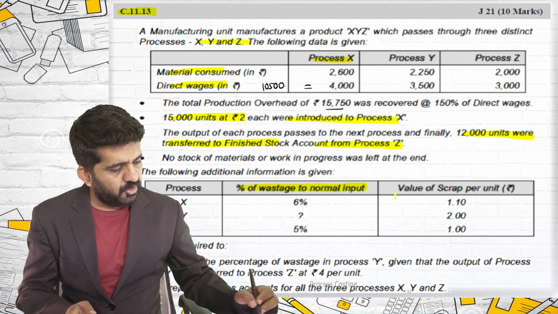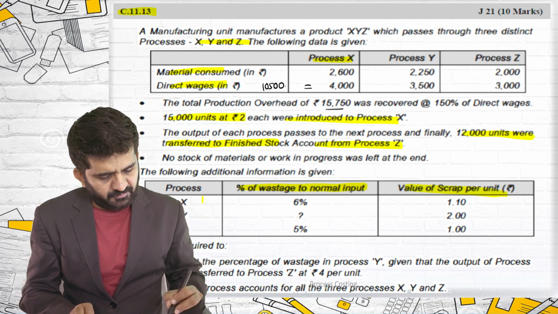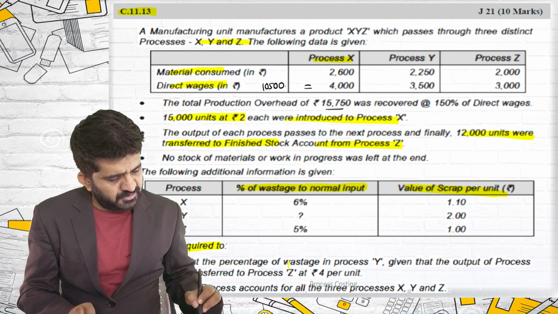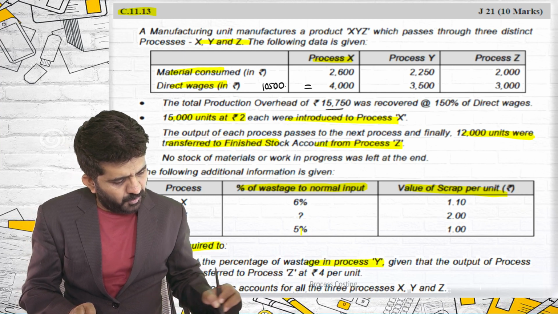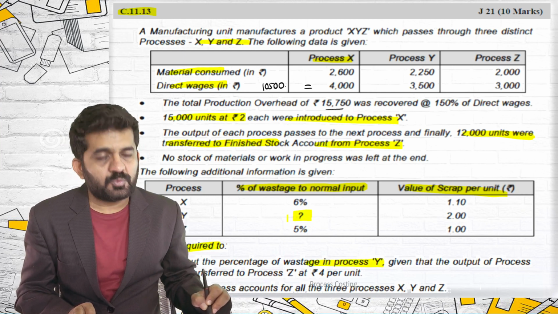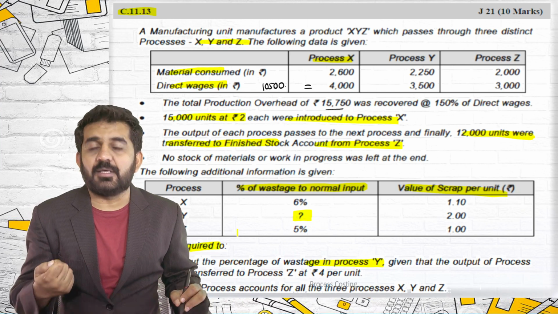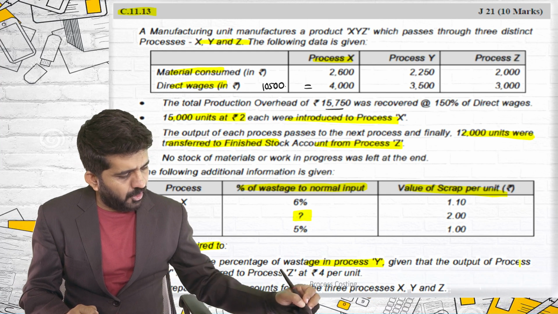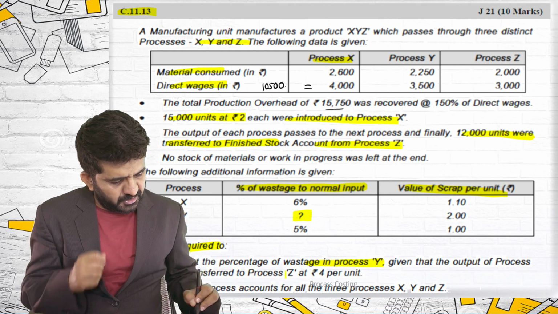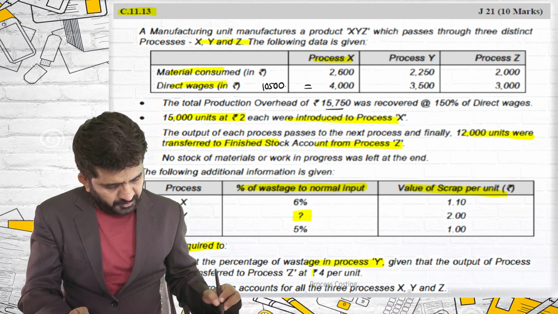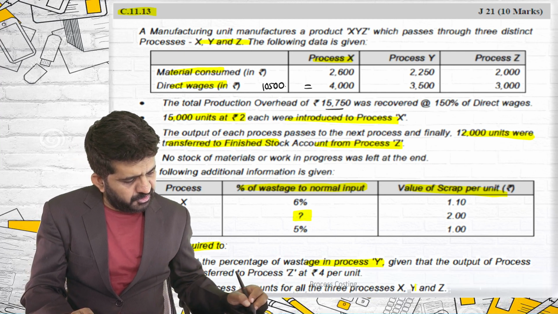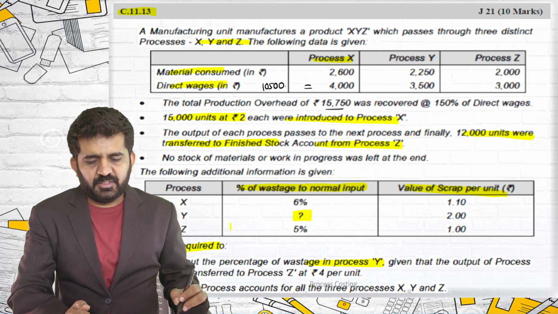So this is normal loss, and scrap value is given for all three processes. You are required to find out the percentage of wastage in process Y. So wastage in process Y is question mark. So we need to find it out. Given that the output of process Y is transferred to process Z at 4 per unit. Prepare process account for all three processes X, Y, and Z.